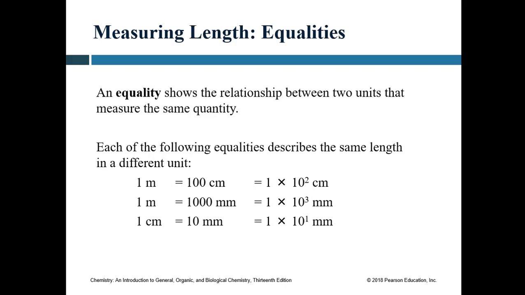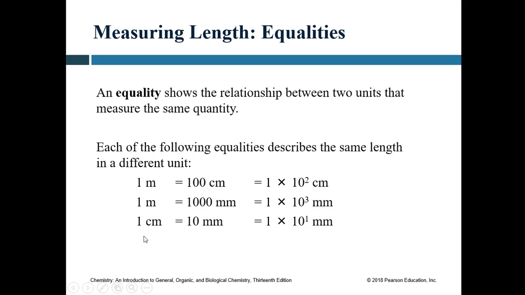Now then, an equality shows the relationship between 2 units that measure the same quantity. So a meter is 100 centimeters, centi meaning 100, whereas a meter is also 1,000 millimeters.